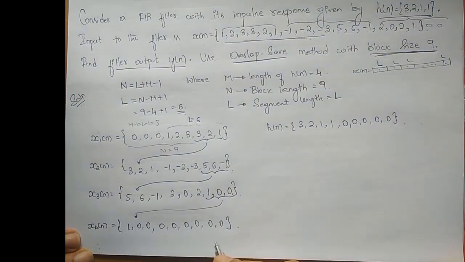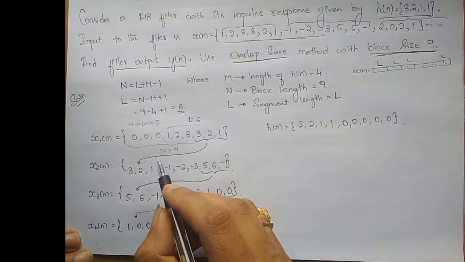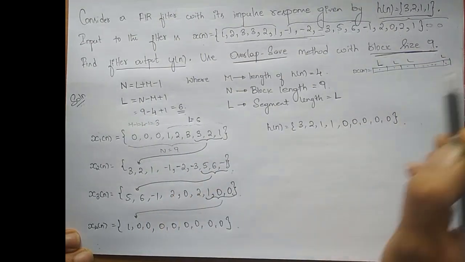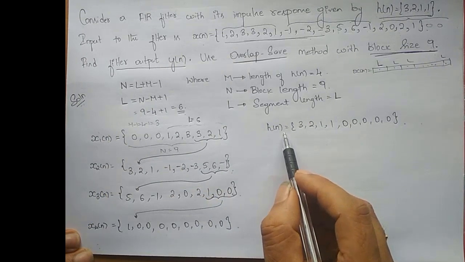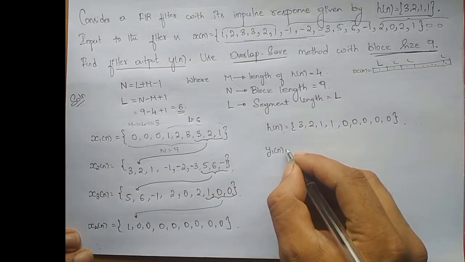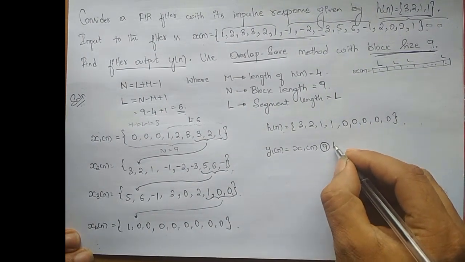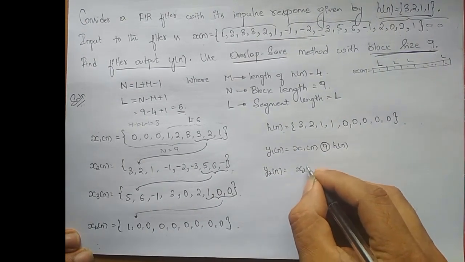Now what is the next step? I need to perform 9-point circular convolution. Why 9? Because the block length is 9. So the 9-point circular convolution of x1 of n with h of n we call y1 of n. So y1 of n is equal to x1 of n, 9-point circularly convolved with h of n, and similarly y2 of n.